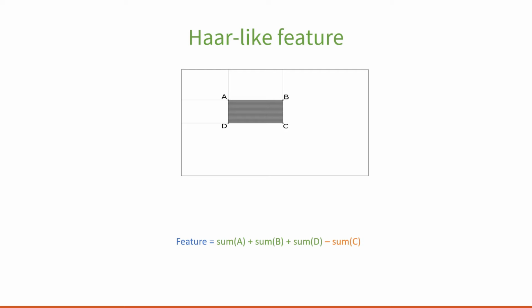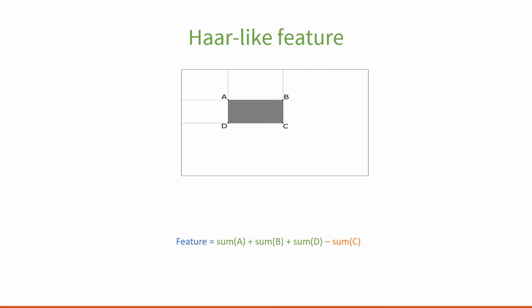Jumping in, the Haar-like feature is a weird way of finding information in the image. This is a box, let's call it a sliding window, with regions A, B, C, D, where A, B and D are white and C is black.